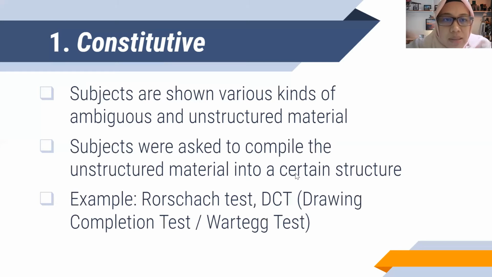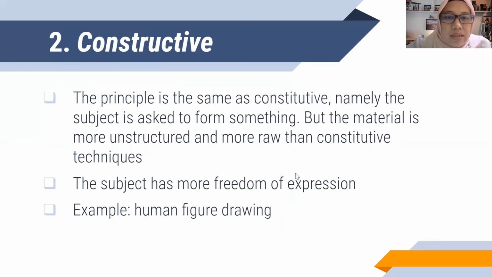Okay, and the second part is the constructive. The principle is the same as the constitutive, namely the subject is asked to form something, but the material is more unstructured and more raw than in the constitutive methods. The constructive methods require arrangement of materials into certain patterns.